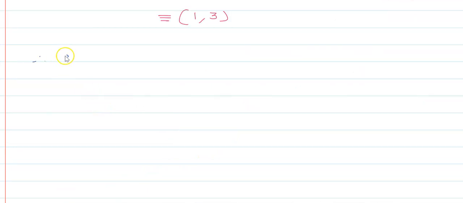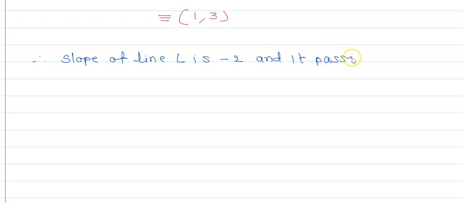Therefore, slope of line L is minus 2, and it passes through the point 1, 3.